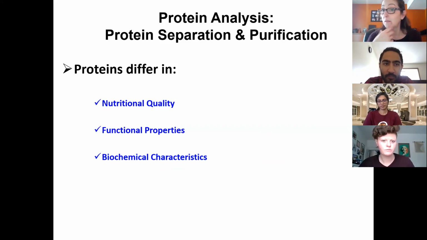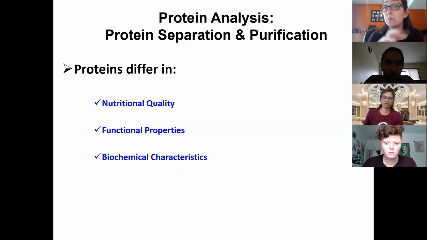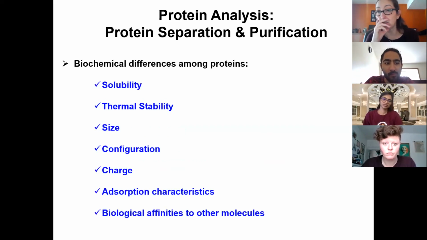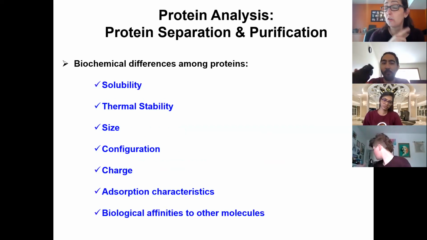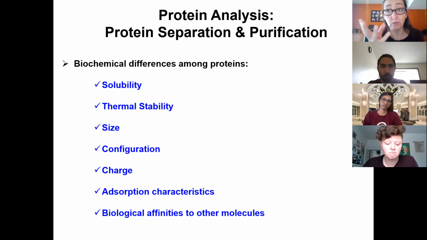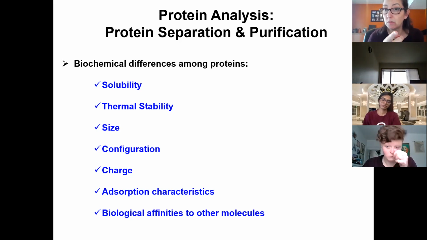We know that proteins differ in nutritional quality and functionality, but the most important characteristic that we will rely on for separating protein is the biochemical characteristics. Meaning solubility under different conditions, which relies on charge and hydrophobicity, for example. How stable to heat are they? Because we can separate protein based on denaturing them and precipitating them out of solution.